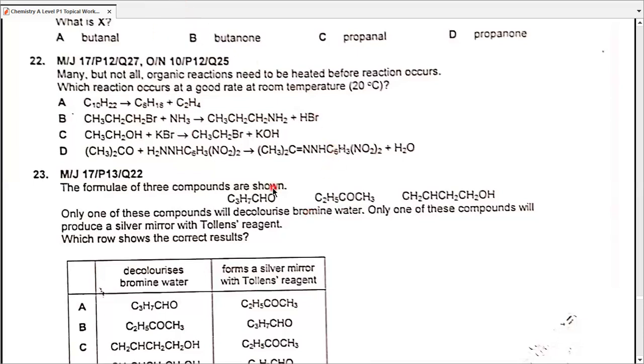Perfect. Remember the test that we used to do for 2,4-DNP does not require any temperature, and the results are really instant.